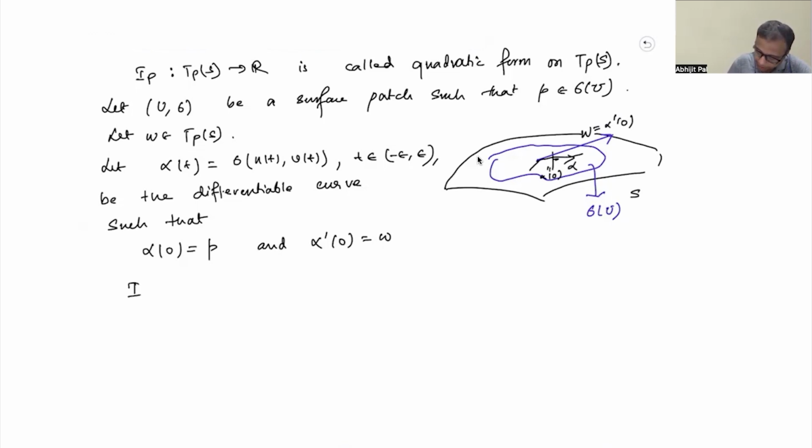Now let us take this IP of W, which is equal to IP of alpha prime(0). All right. This alpha(t) is equal to sigma(u(t), v(t)).